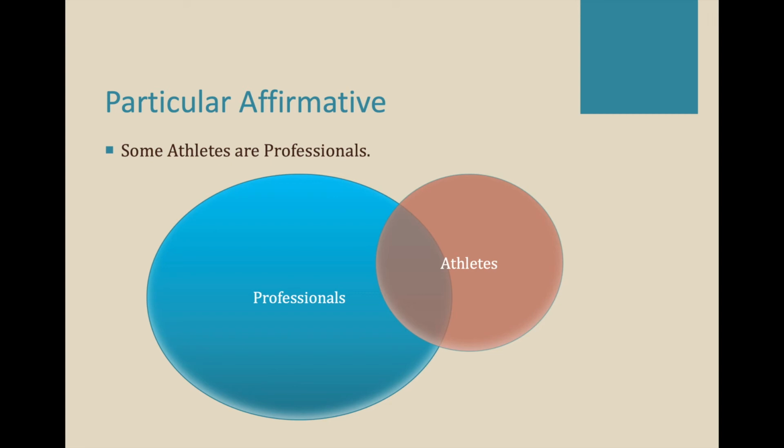It doesn't include every member of the subject term class athletes, neither does it include every member of the predicate term class professionals, but there is some overlap because the statement is a particular affirmative. It says some members of the class of athletes are also included in the class of professionals. So we're talking about this group in the middle that overlaps in the Venn diagram.